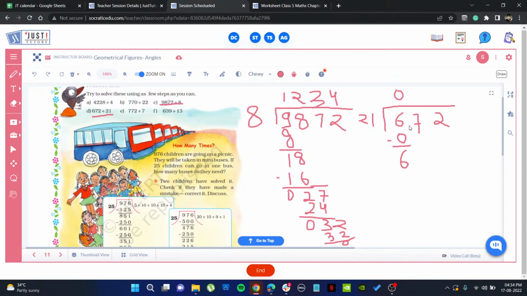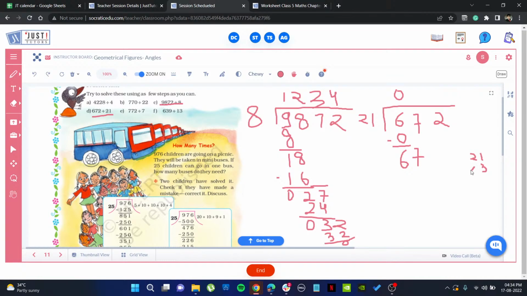Now the next step is to bring it down. What will we bring down? We will bring down 7. And on doing so our number becomes 67. So it means that we need to divide 67 by 21. For that we should times 21 by which number? Let's check it out here.